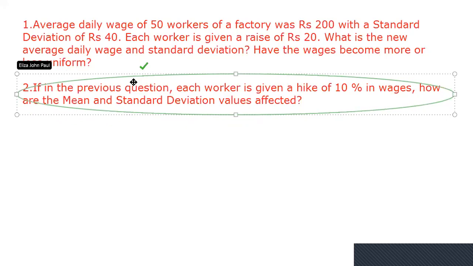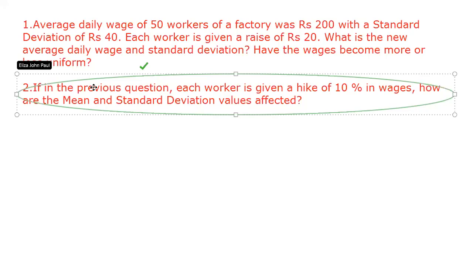If in the previous question each worker is given a hike of 10% in wages, how are the mean and standard deviation values affected? That means in the previous question each worker is given a hike of 10% in wages.